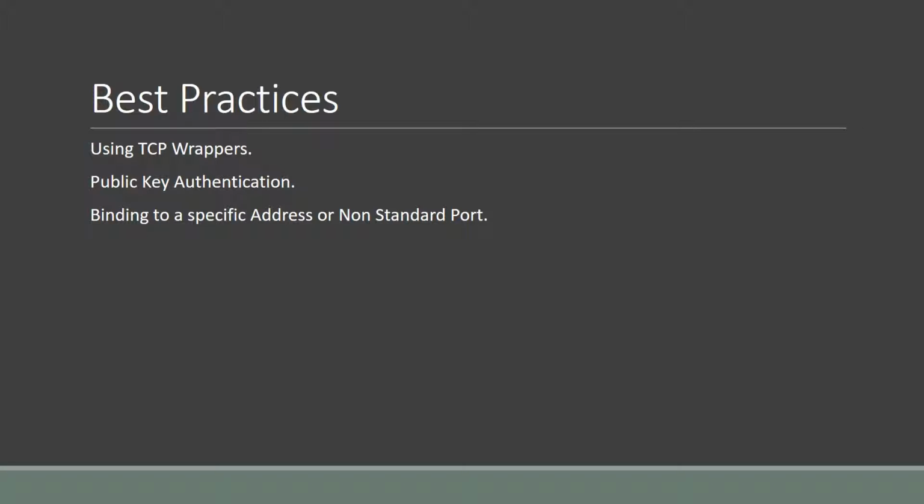Best practice 2: you can use TCP wrappers. TCP wrappers are used to limit access to the TCP services on your machine. In the context of SSH, TCP wrappers allow you to decide which specific addresses or networks have access to the SSH service.